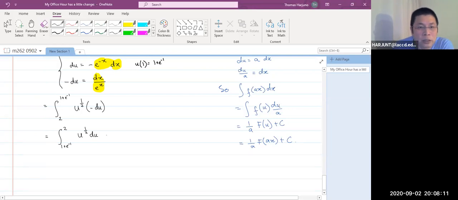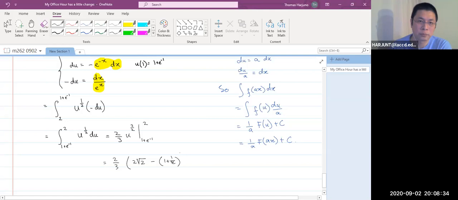This is 2/3 u to the power of 3/2, from 1 plus e to the negative 1 to 2. It's 2/3 times 2 square root of 2 minus (1 plus 1 over e) times the square root of 1 plus 1 over e.